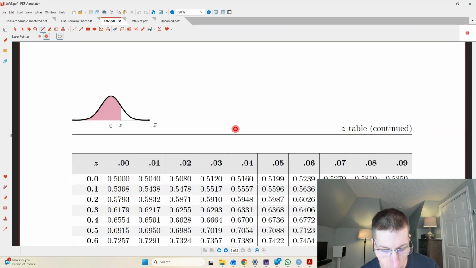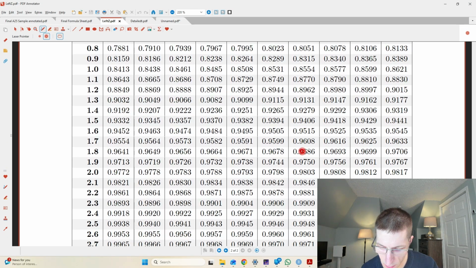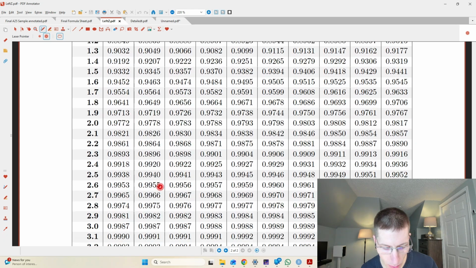So this is my Z table. And so I need 0.995 in the left tail. And so we look and find 0.995 in the table. So that is right between these two. Exactly halfway between them. So because it's exactly halfway between them, I'm going to take their average.